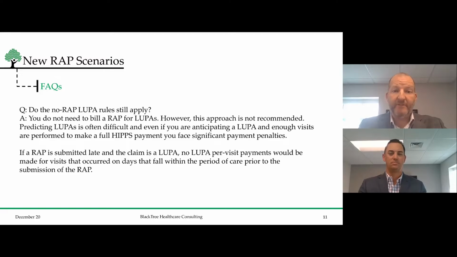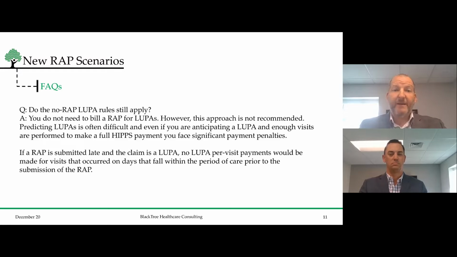Even if you think it's going to be a LUPA, let's say it's a cath change, they've been a LUPA forever, you're only seeing them one visit every 30 days, you've been getting a LUPA payment historically, and you want to take the chance and say, I don't need to bill a wrap in this situation, I'm just going to bill final. That, to me, opens the door up for way too much risk. So predicting LUPAs is often a difficult process.